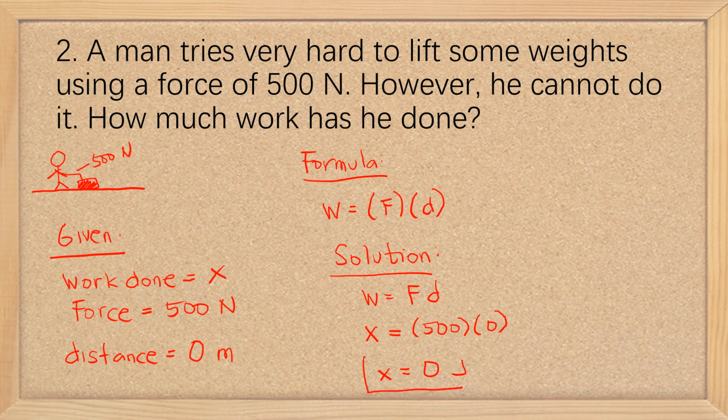So even if the person is using a force of 500 Newton, remember the second criterion, which states that the object must move. Even if you applied force and the object is not moving, there is no work done. Let me just write it: your 0 joules here means no work done.